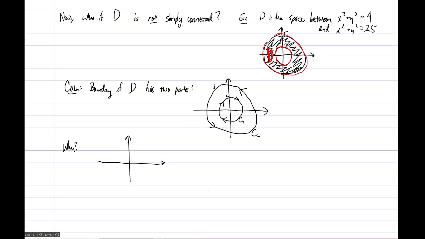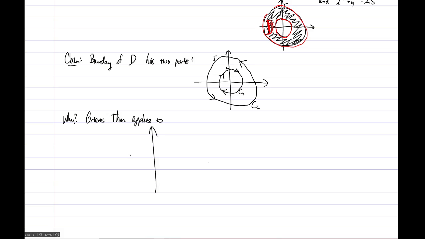So let's do the following. Let me draw two pictures of regions that Green's theorem actually does apply to. They need to be simply connected regions, so regions with no holes. Here's one of them.